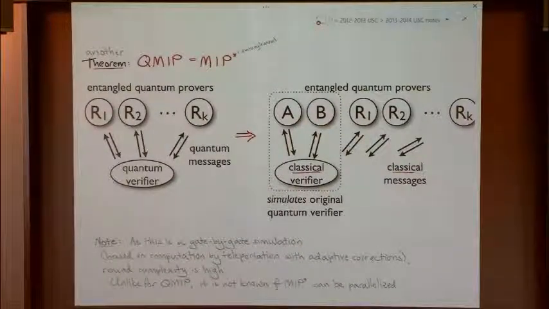In other words, we show that starting with a protocol like this, you can simulate it with a protocol like this on the right. So starting with a quantum verifier, you can simulate it with a classical verifier. And the way our proof works actually is we add two provers, Alice and Bob, and Alice and Bob and the verifier together essentially run the delegated quantum computation protocol.